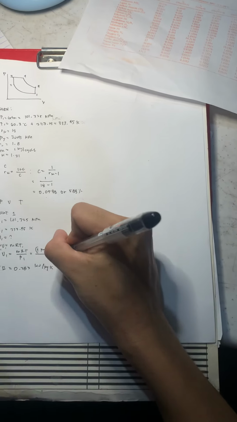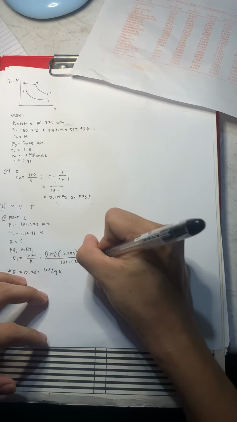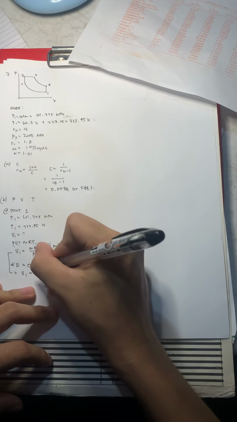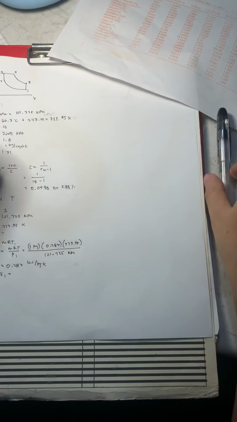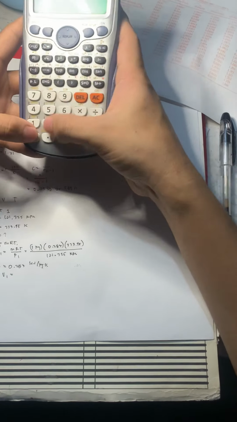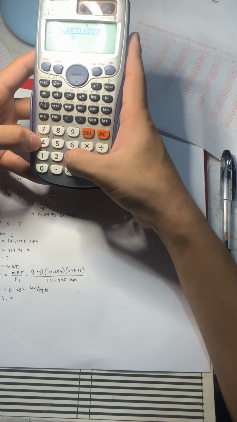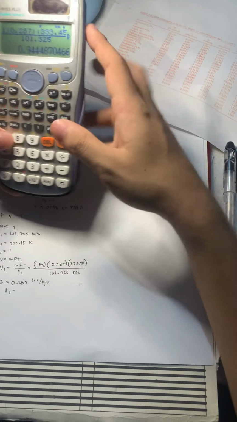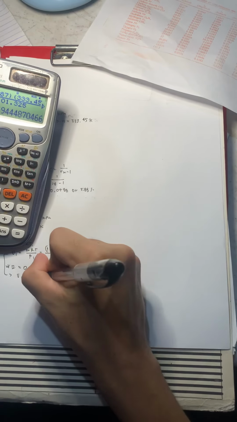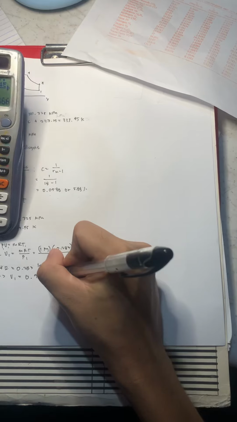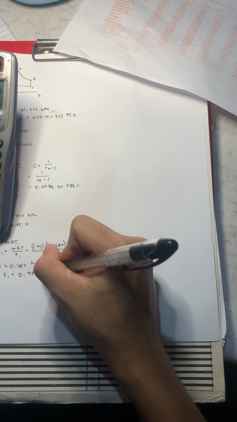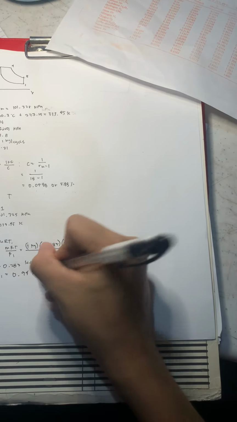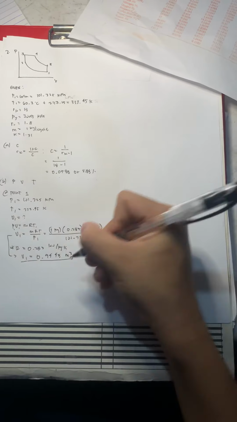Then pressure P1 is 101.325 kPa. For initial volume V1, by solving 0.287 times 333.45 over 101.325, we will get 0.944 meter cube. That is for V1.